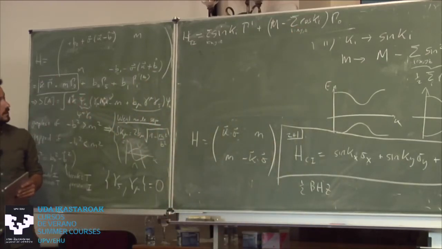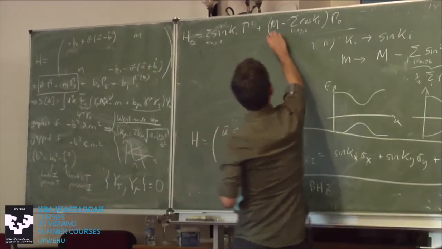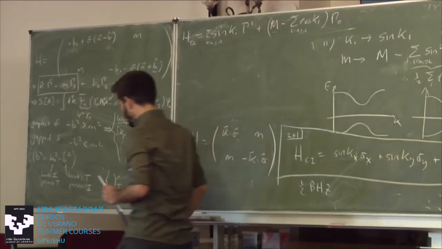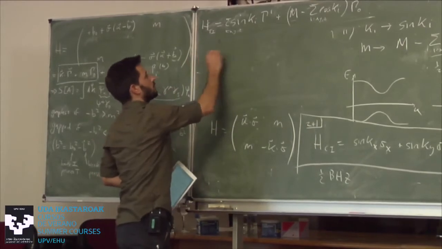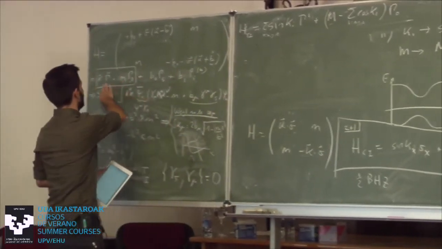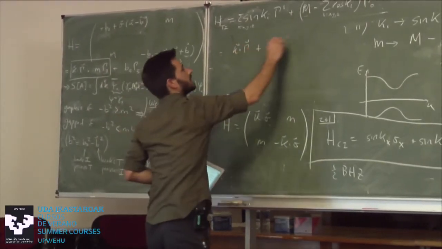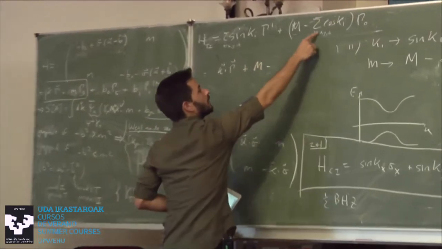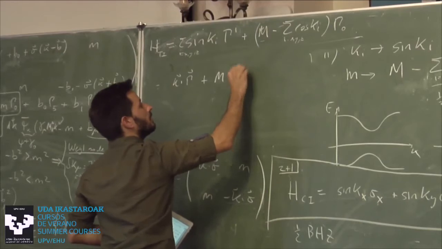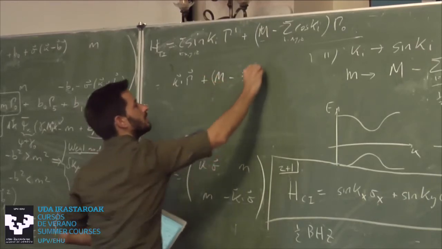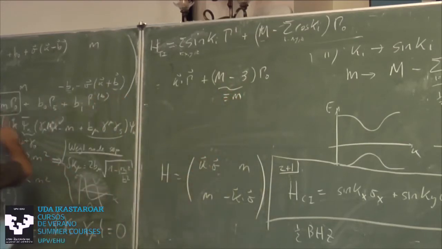And you can convince yourself that if you change the sign of the mass, you can expand this Hamiltonian close to the gamma point, and what you would get is k dot gamma plus m minus 3, right? Close to the gamma. So this would be my m here.